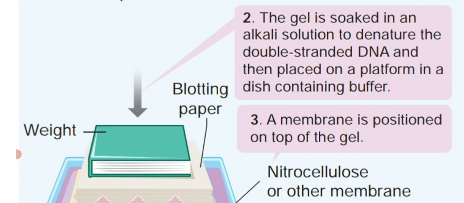Then in the second step, the fragments with the agarose gel are soaked in the alkali solution to denature, meaning to separate the double-stranded DNA, and then this denatured DNA is placed on a platform in a dish containing the buffer solution.